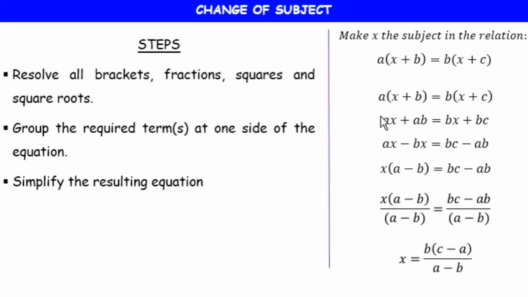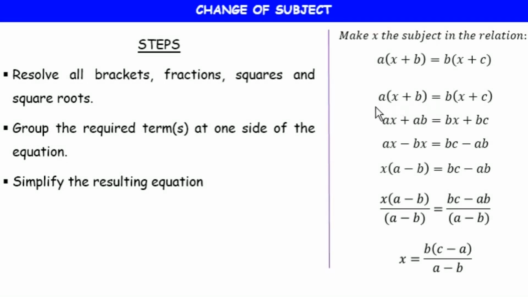When you expand, you are going to get ax plus ab is equal to bx plus bc. With a bracket, whatever term is outside the bracket multiplies every individual term in the bracket. Here we have a into bracket x plus b.